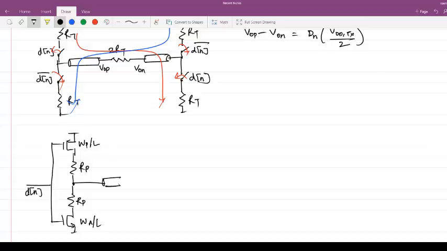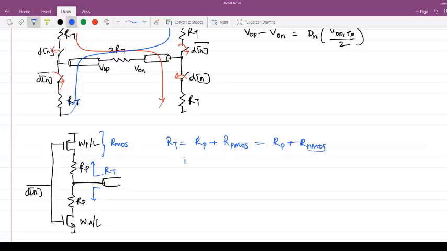What we want is that the looking-in impedance on either side should be equal to RT, right? If I call the impedance looking in from here R MOS, then RT is equal to RP plus RP MOS, which equals RP plus RN MOS on the bottom side.